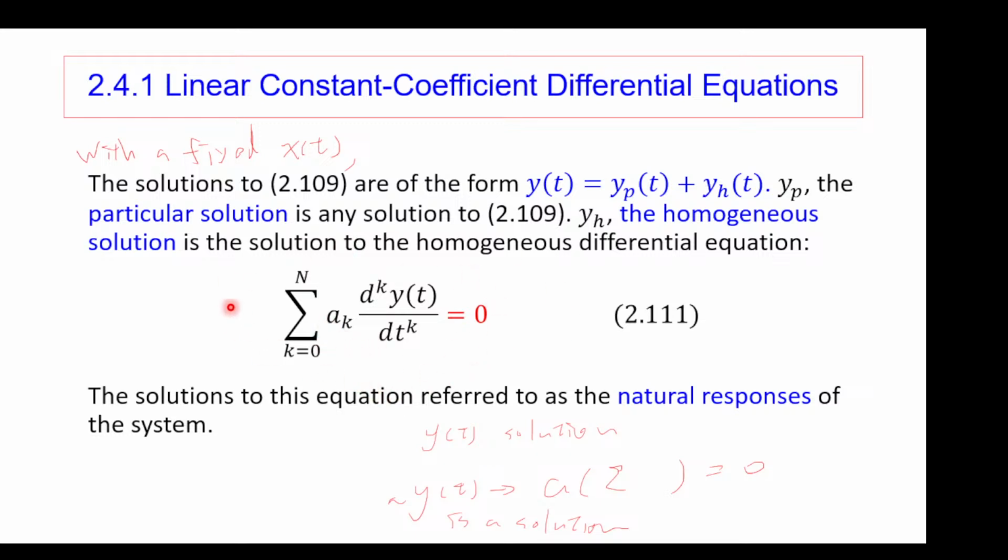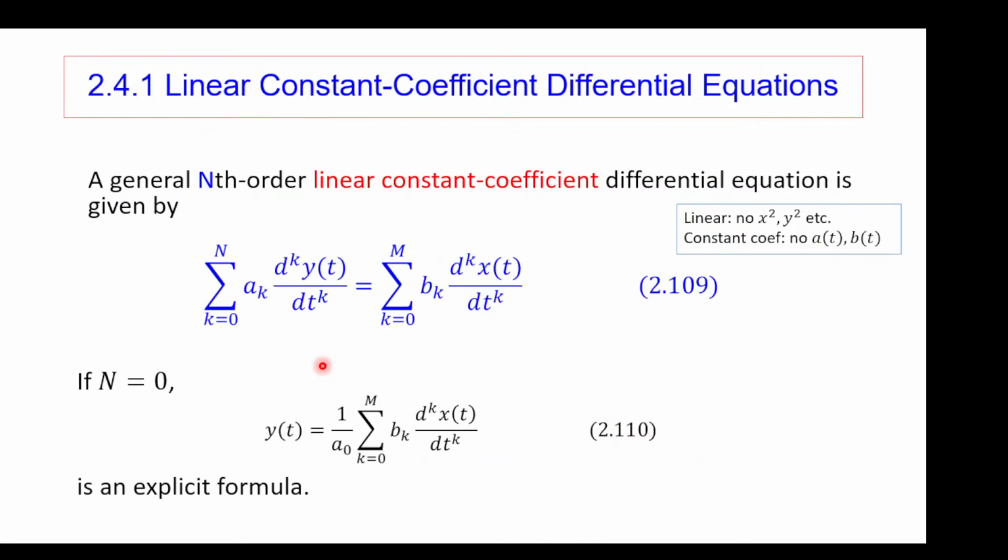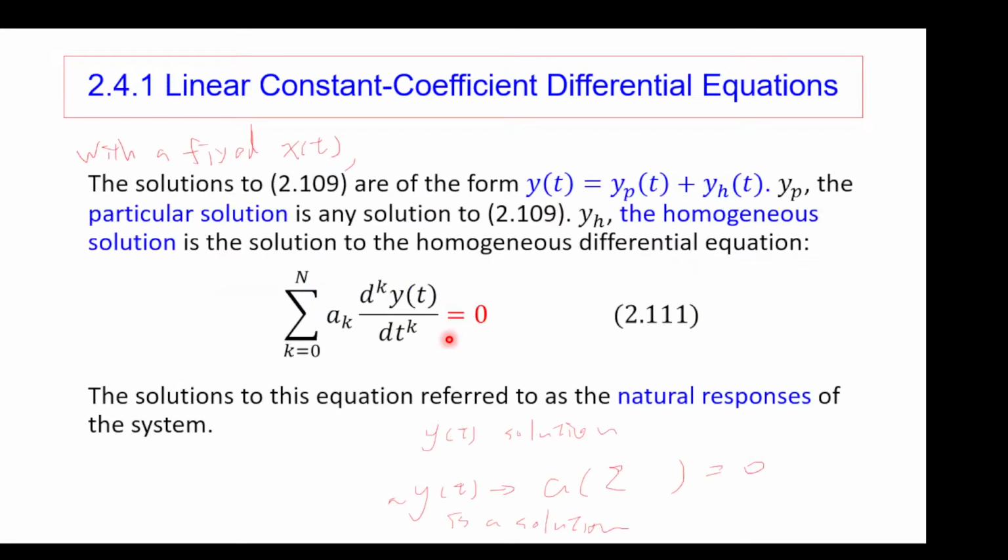So you have the same left hand side, the linear combination of derivatives of y, but the right hand side becomes 0. You can check yourself that if you have a solution to this plus a solution to this, then it's also a solution to this, because everything is linear. You add together the left hand sides, and the right hand side is this thing plus 0, which equals this thing. One more thing: a solution to this homogeneous equation is called a natural response.